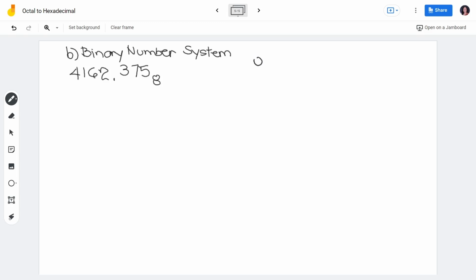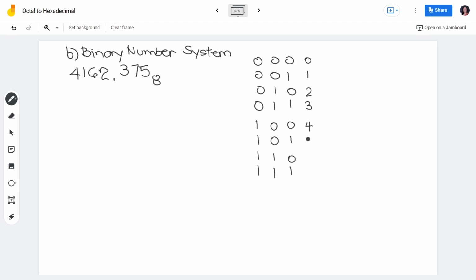So we have 4 zeros and 4 ones. And then 4 divided by 2 is 2, we have 2 zeros, 2 ones, 2 zeros, 2 ones. And the next is 2 divided by 2 is 1: 0, 1, 0, 1, 0, 1, 0, 1. So we have 0, 1, 2, 3, 4, 5, 6, 7.